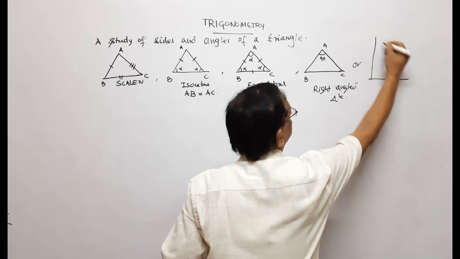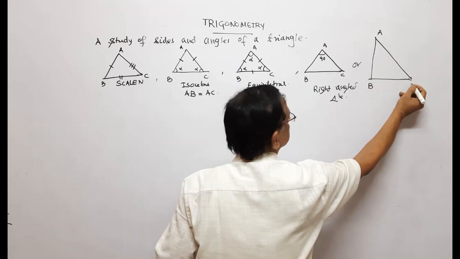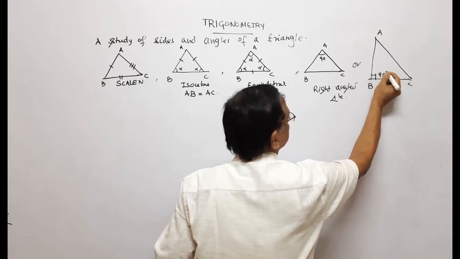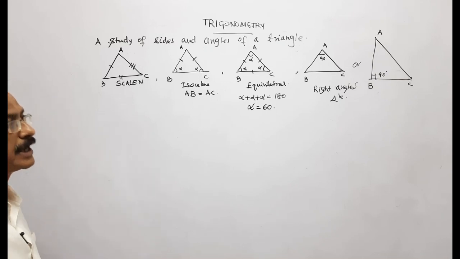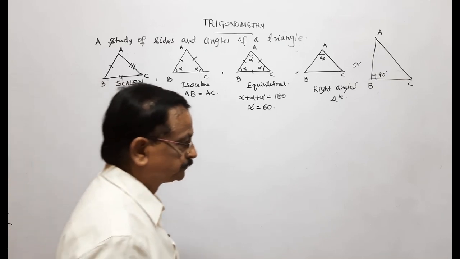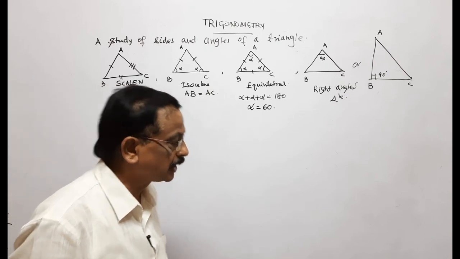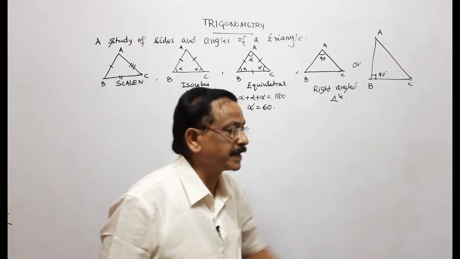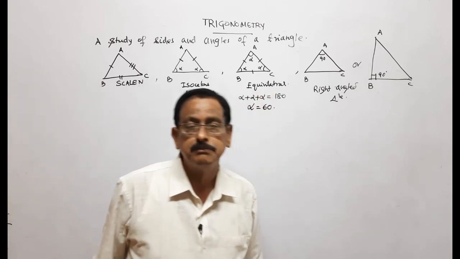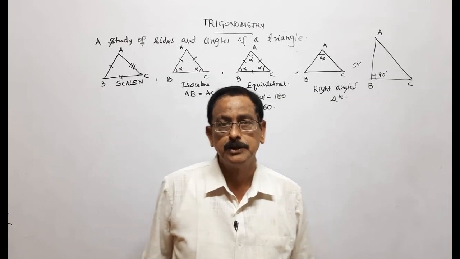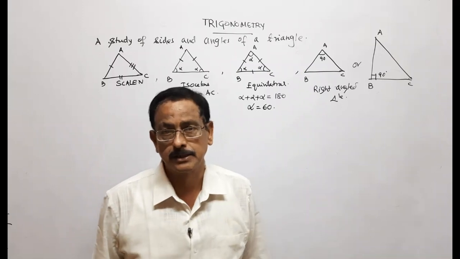This is the usual way of writing: A, B, C, 90 at B. So that is about a right angled triangle. Now we have a right angled isosceles triangle. I'm not going to discuss right angled isosceles triangles. Out of all these triangles, my main task is to discuss the trigonometric ratios in a right angled triangle.